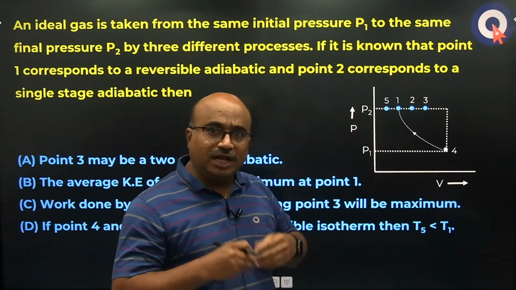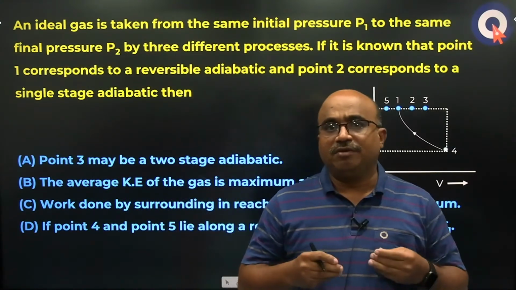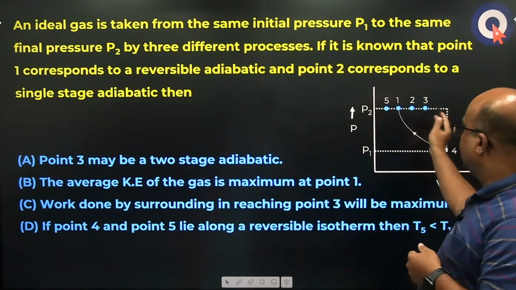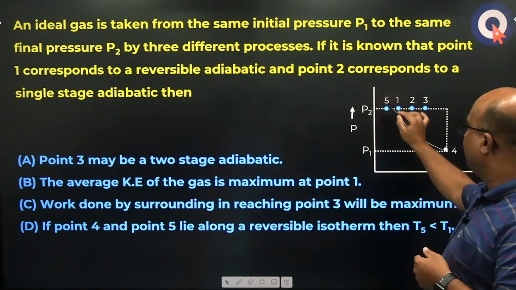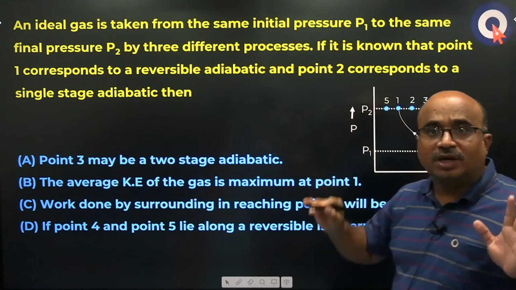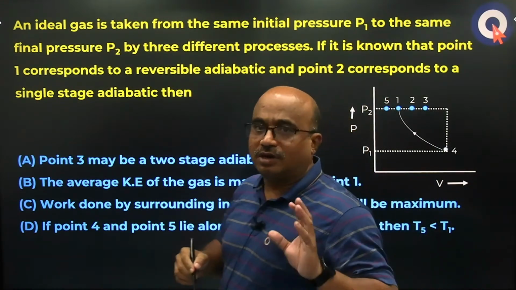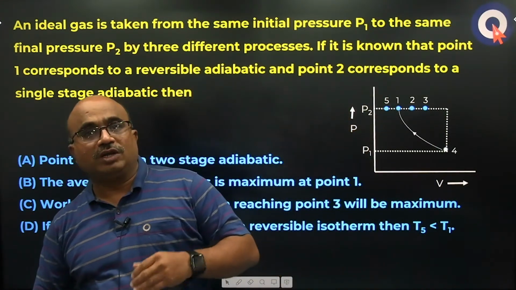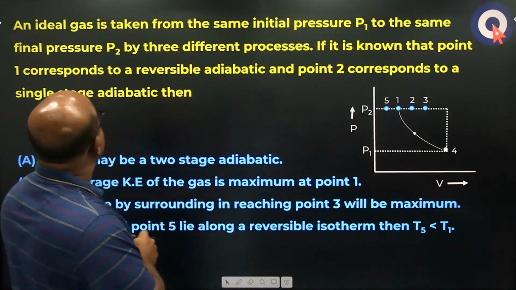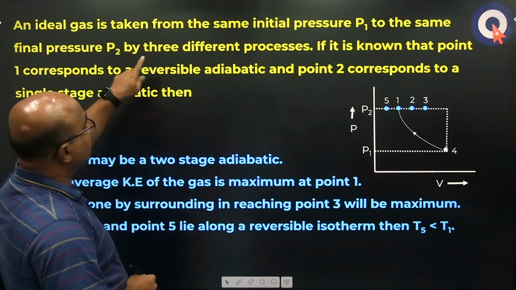Then there are 3 remaining processes. Maybe we are going from 4 to 5, as per the points represented here, or maybe 4 to 2 or 4 to 3. Then based on that we have to answer, but what is further defined in the problem is that we are going to the same final pressure by 3 different processes.